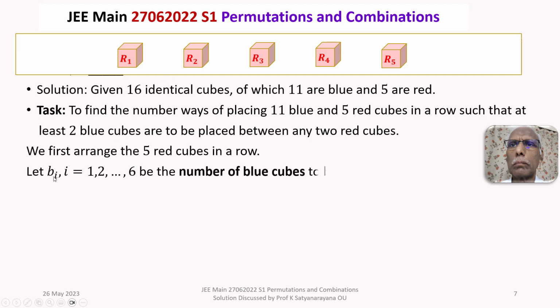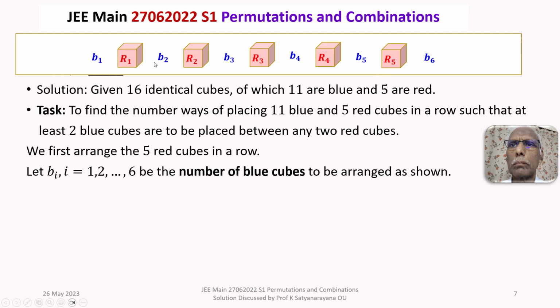Let Bi, that is B1, B2, B3, up to B6, be the number of blue cubes to be arranged as shown: B1, B2, B3, B4, B5, B6.